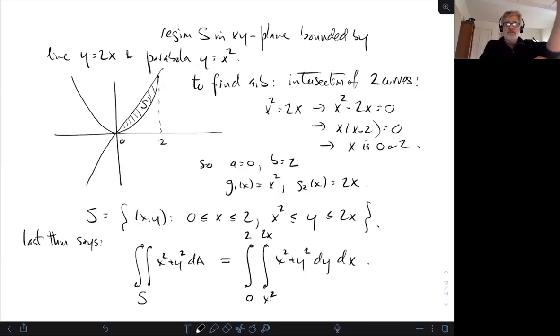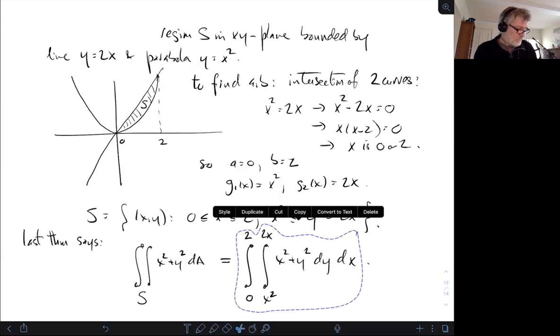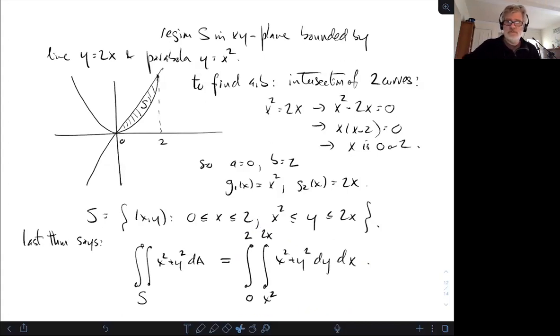Okay? So I've set up my integral using the last result because my region is type 1. And now I need to compute. So far, so good.